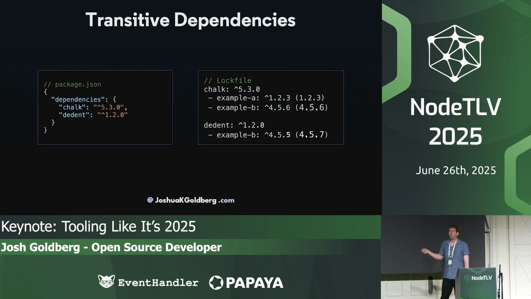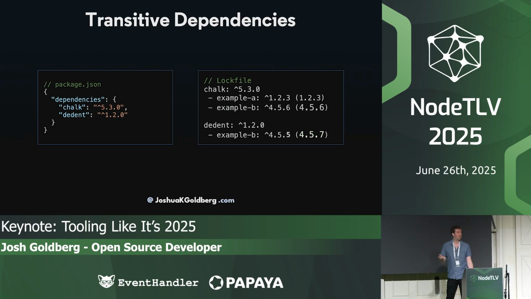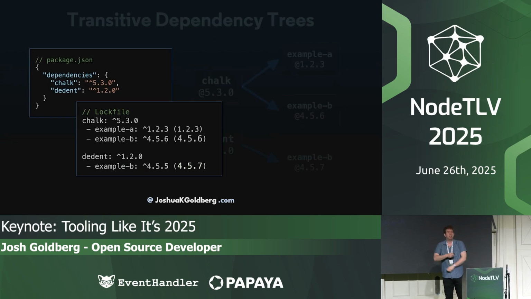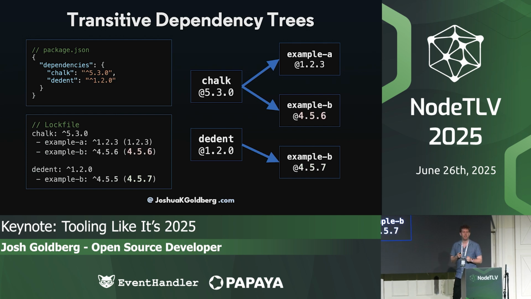Now, another form of deduplication is pruning your transitive dependencies. Here is an incorrect representation of these 2 packages, chalk and dedent. Let's say that chalk depends on A and B, dedent is just B. You can visualize that in your node modules with this kind of tree structure. And depending on what order and what time you install your packages, you might actually get duplicate versions of packages, in this case, example B, even though they could resolve to the same thing.